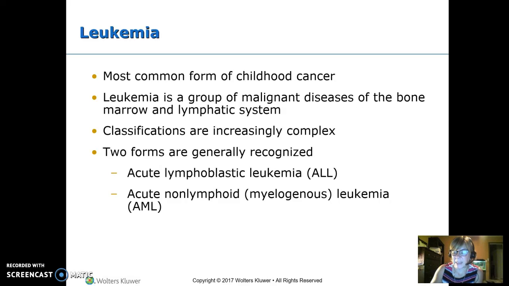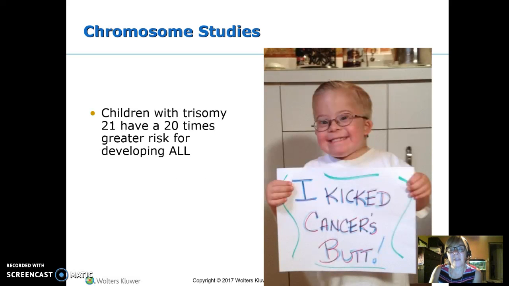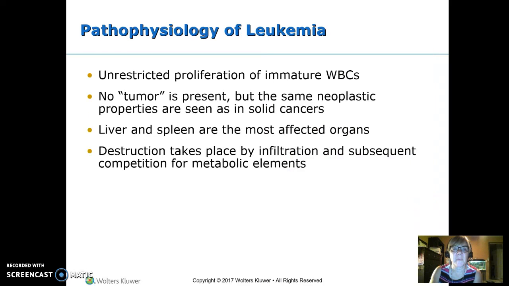So you may see other types, not just ALL and AML, for leukemias. Kids who have Down syndrome are 20 times more likely to get ALL than other kids.